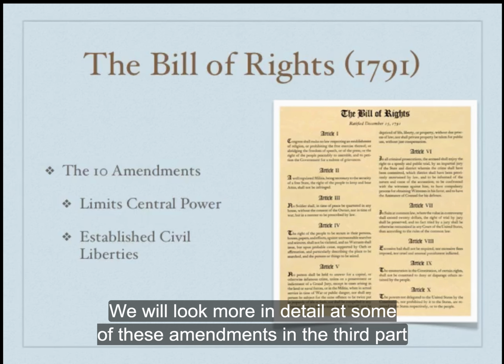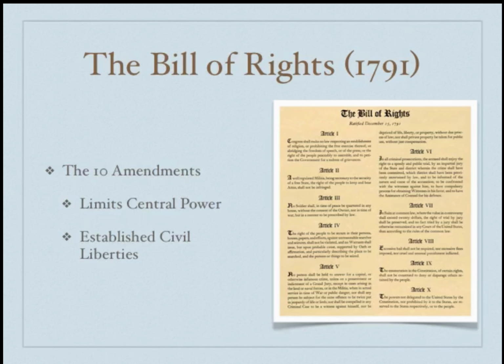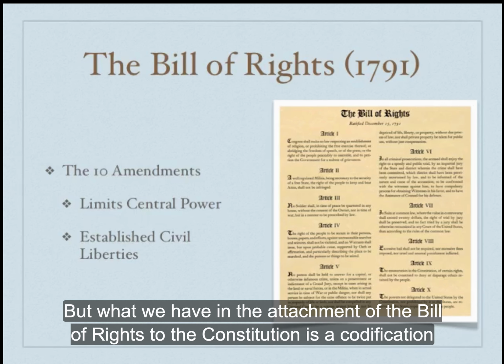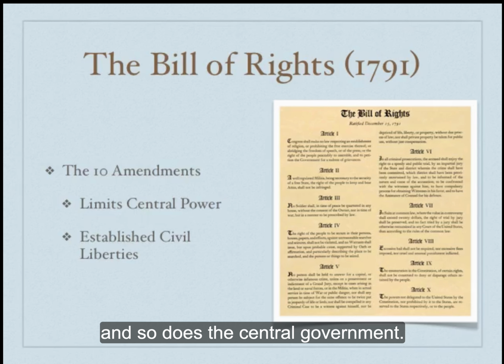We will look more in detail at some of these amendments in the third part of Federalism in the Constitution. But what we have in the attachment of the Bill of Rights to the Constitution is a codification and recognition in law that individuals and states have power, and so does the central government.